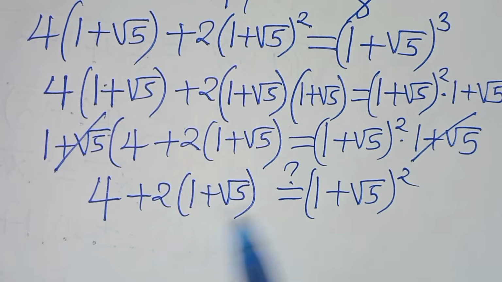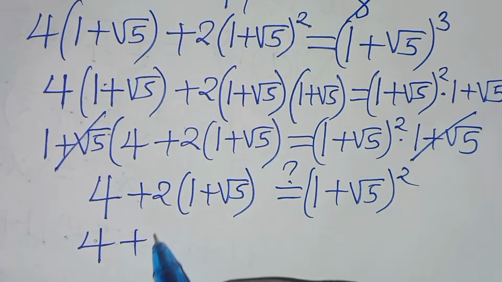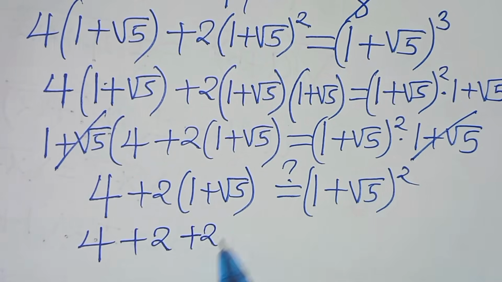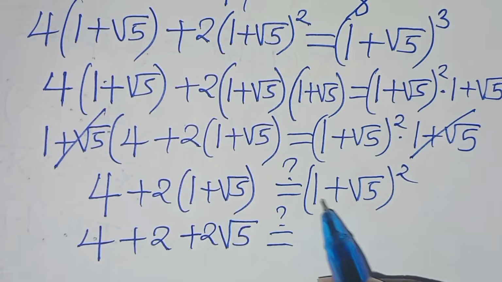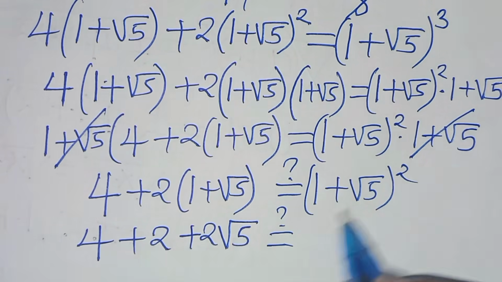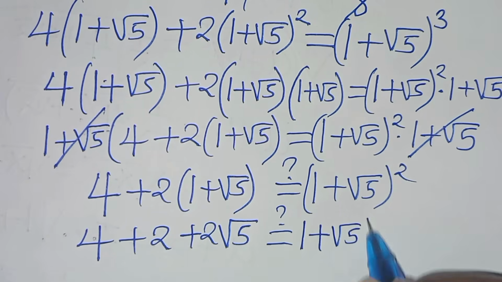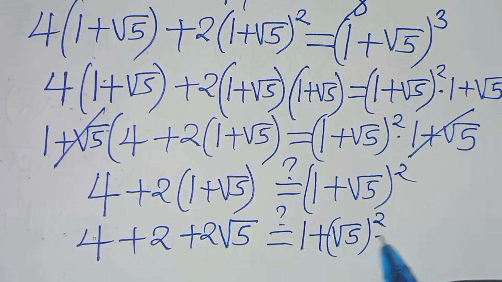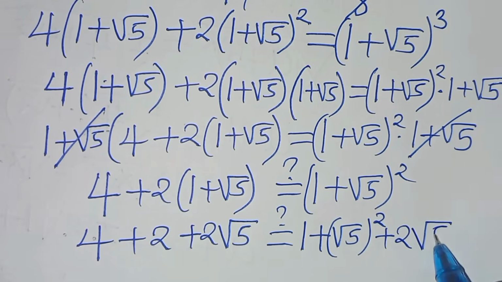So here, let's open the parentheses so that we have 4 plus 2 times 1, this is 2, then plus 2 square root of 5. This is equal to 1 plus square root of 5 raised to the power of 2. This is the same thing as 1 plus square root of 5 raised to the power of 2, then plus 2 square root of 5.